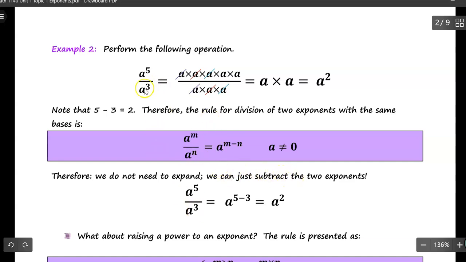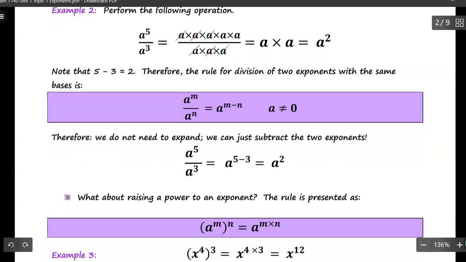You do not need to expand this or apply the definition, because I am using this to prove the formulas to everyone. If you see that you have the same base to work with, then you just subtract the 2 exponents. So 5 minus 3 gives a to the exponent 2.